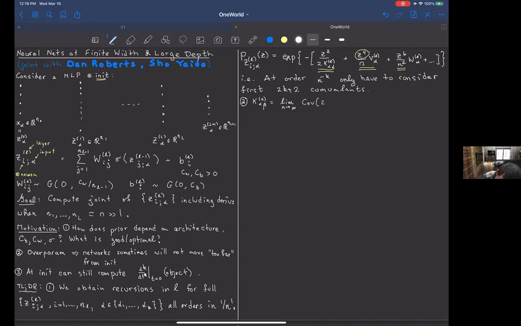This is the covariance between z^L_{i,alpha} and z^L_{i,beta}. This just means I fix 2 inputs, x_alpha and x_beta, to the network, I send all the previous hidden layer widths to infinity, and I ask, what is the covariance function of the resulting Gaussian process? I just call it K^L_{alpha beta}.